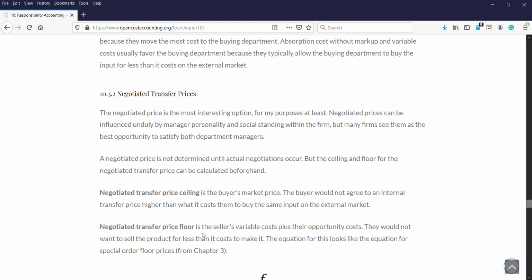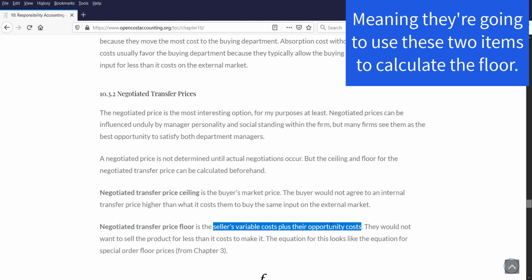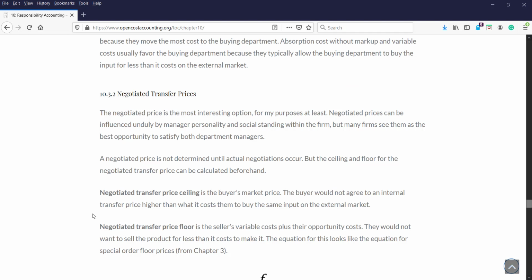The seller department is setting the floor, and they're going to involve the seller's variable costs and their opportunity costs. This is going to look a lot like Chapter 3 when we had special orders, which was variable cost per unit plus the share of fixed costs that each unit had.